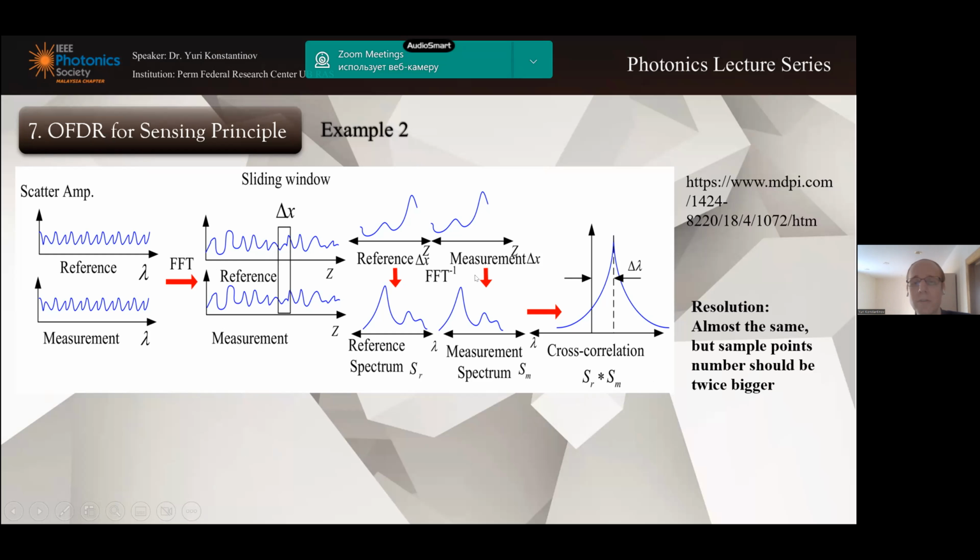They do an inverse Fourier transform in the sliding window. After that, they take the correlation function, and the peak of this correlation will be related to the strain and temperature in the fiber. I think this is the best method to extract the strains and temperatures if we need to use it as a sensor. Okay, good. So it's post-processing.